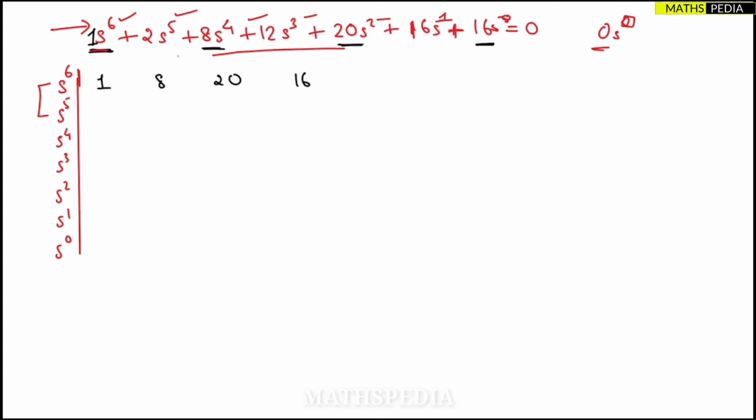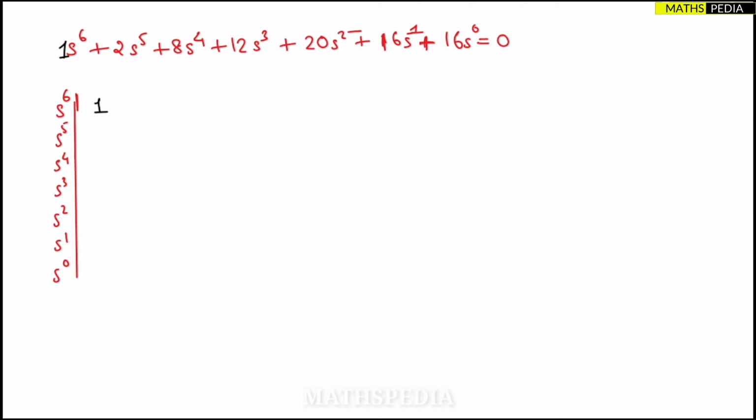Now the left out ones, the even position terms. Two coefficients you have to write, 12, 16, and here we don't have any term, so it will be 0. If you don't have that term, write it as 0.